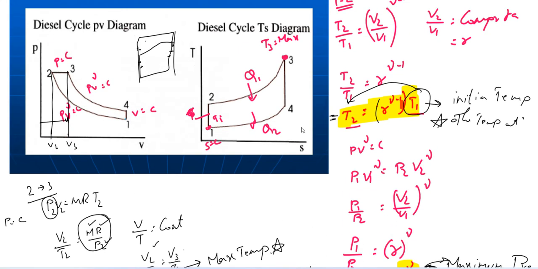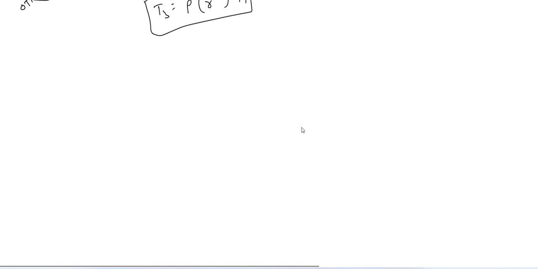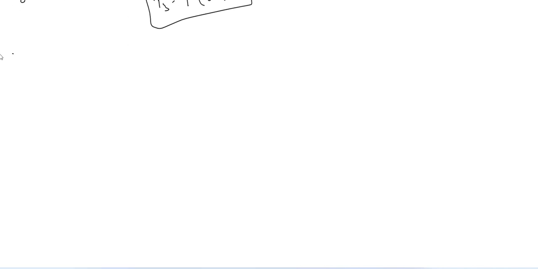Let us go to 3 to 4. What is 3 to 4? Reversible adiabatic expansion. Here, PV power gamma equals constant, right?